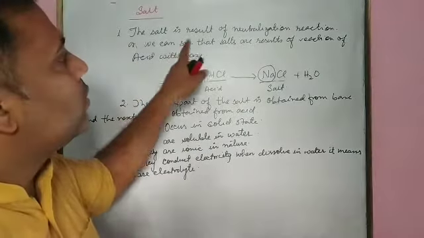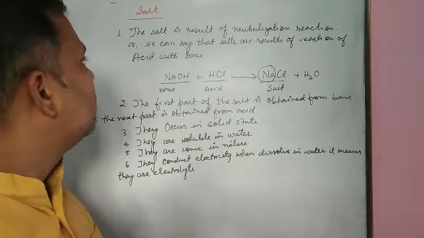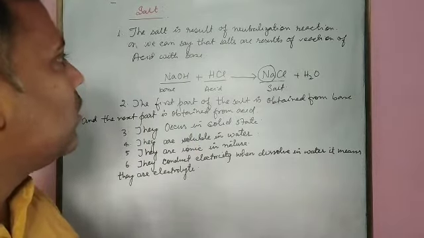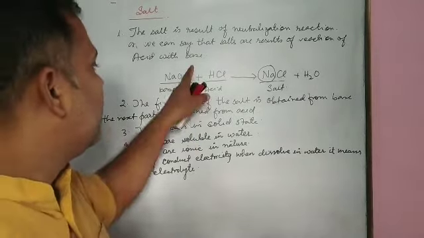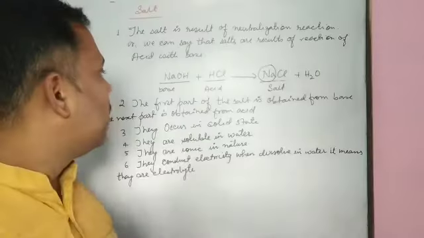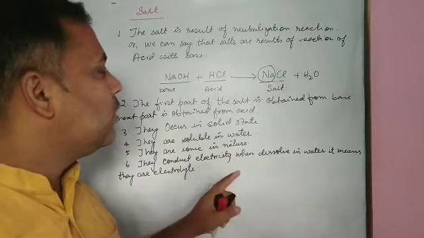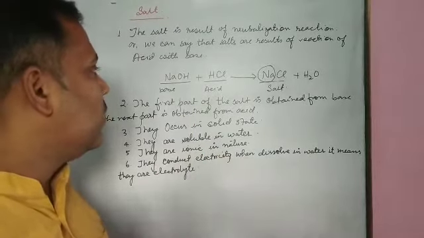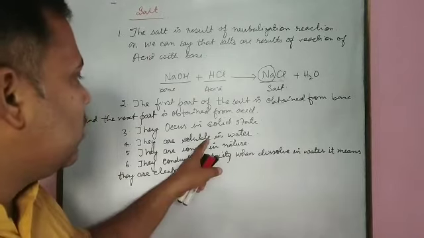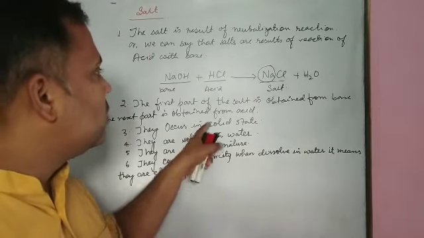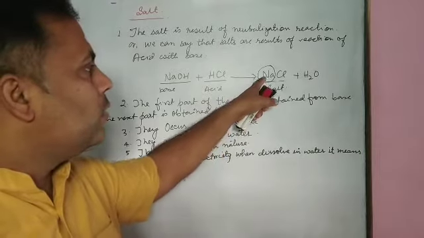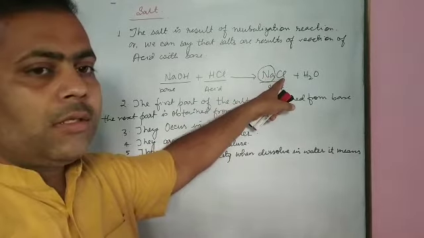The salt is a result of neutralization reactions, or we can say the salt is a result of reaction between acid and base. The first part of the salt is obtained from the base and the next part is obtained from the acid. They occur in solid state because they are ionic compounds, Na+ Cl-.